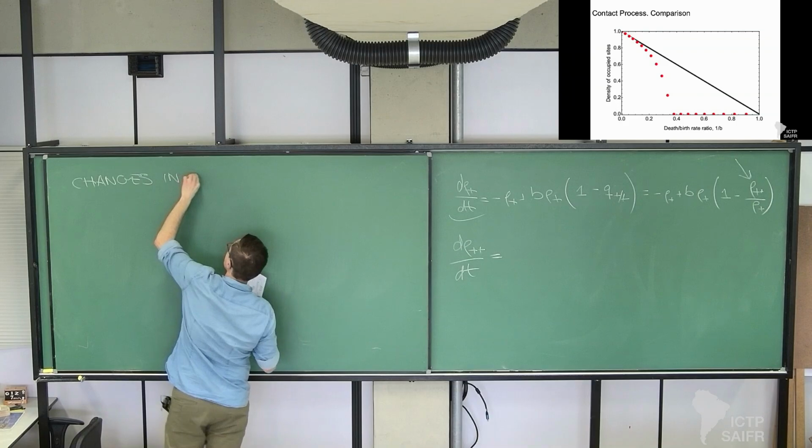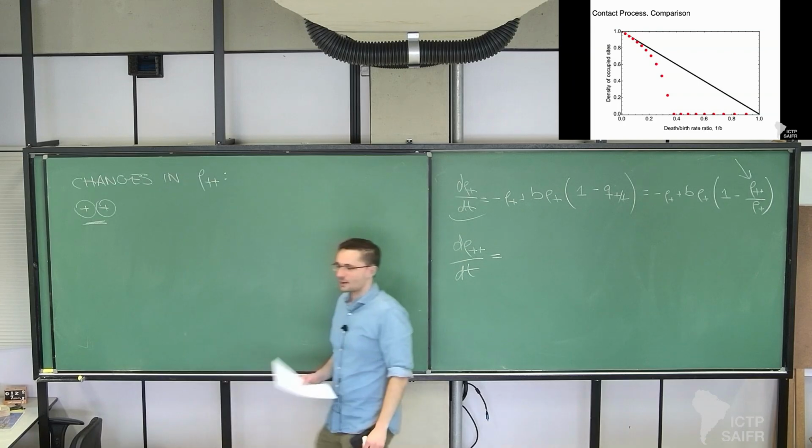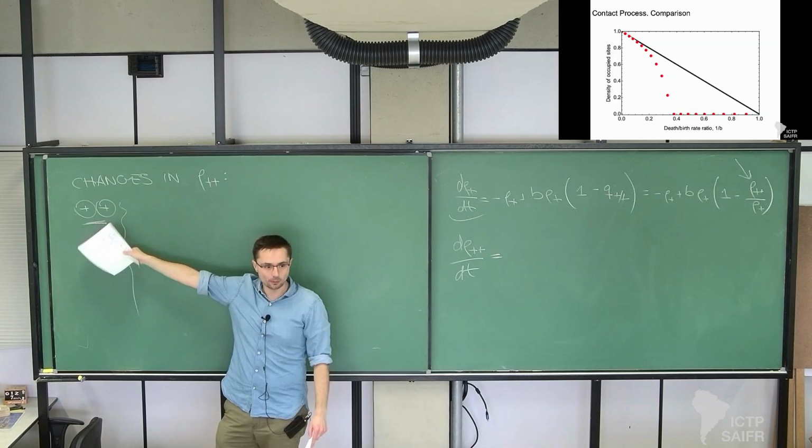So what are the processes that lead me to changes in rho plus plus? The idea is, how can I create and destroy these duplets, these pairs? And that's a question for you. Anyone has a suggestion for the first one? The first one is easy.